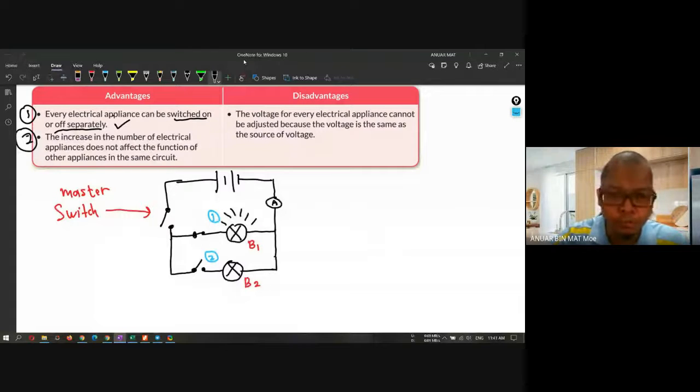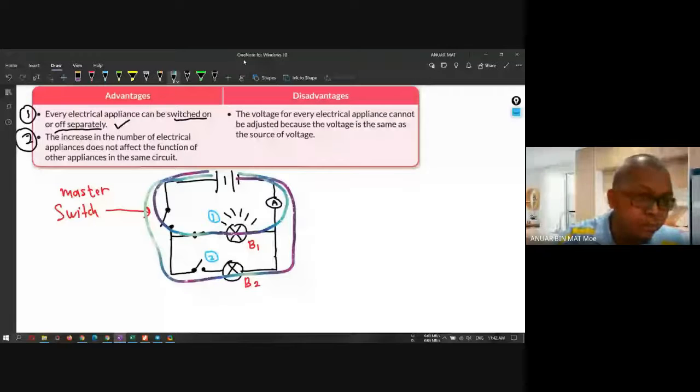This is the first loop, and then this is the second loop. This is for the parallel circuit. Meaning that the increased number of electrical appliances does not affect the function of other appliances in the same circuit. Individual.